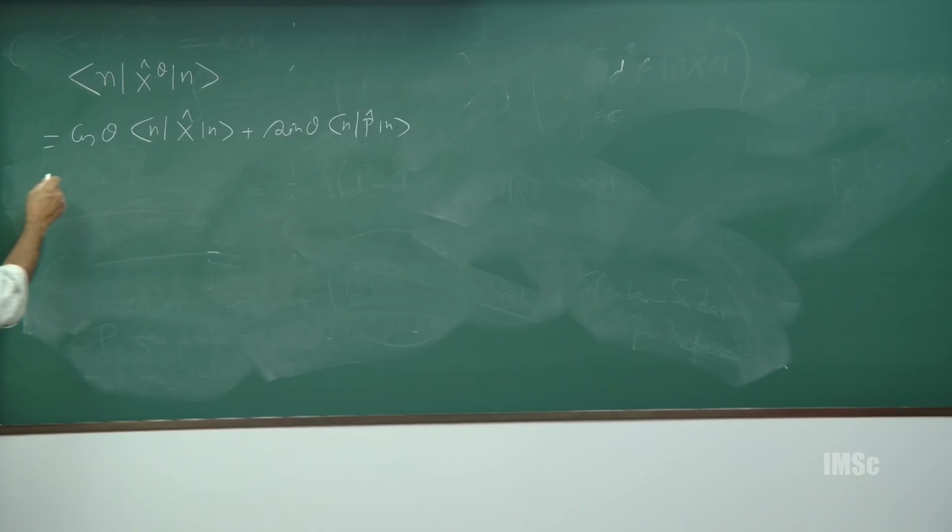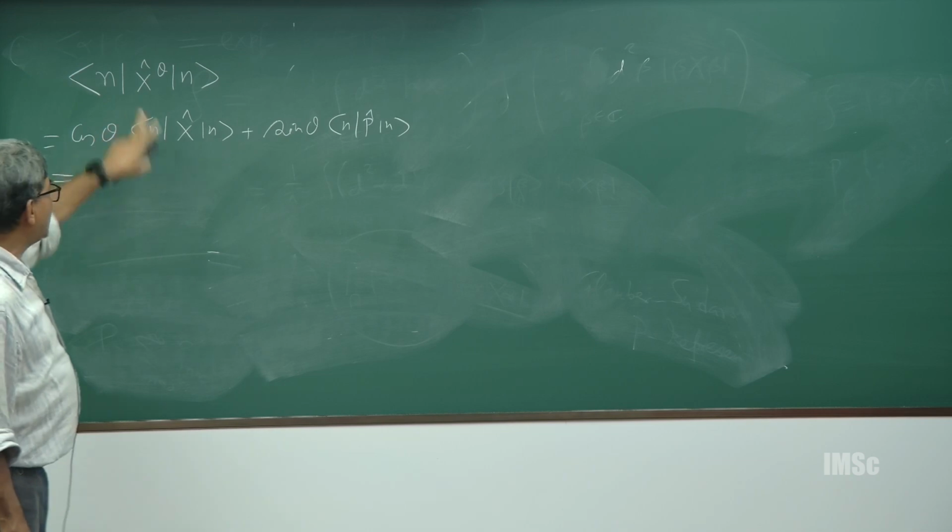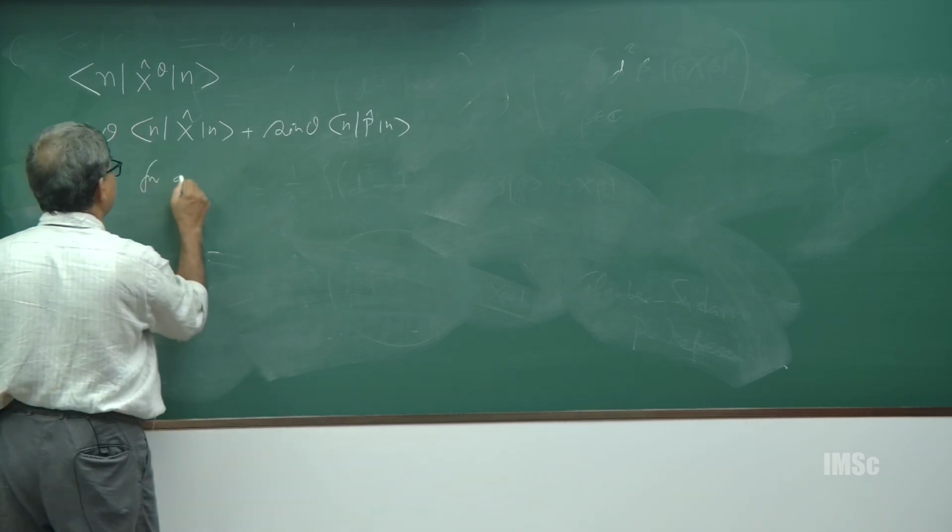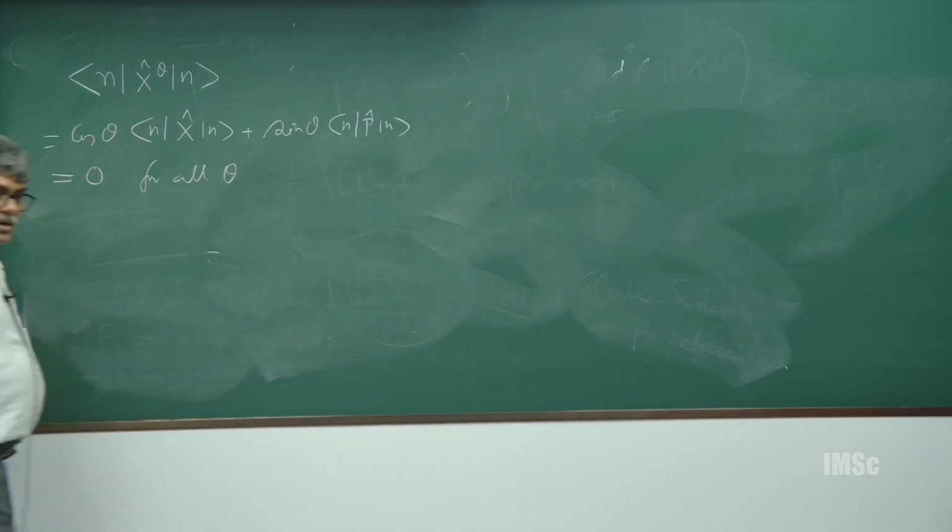And what will this be? Because of this relation, this is 0, right. So, in the number state, the average value of this quadrature, and it does not matter, this is for all theta, the average value of this quadrature is 0.